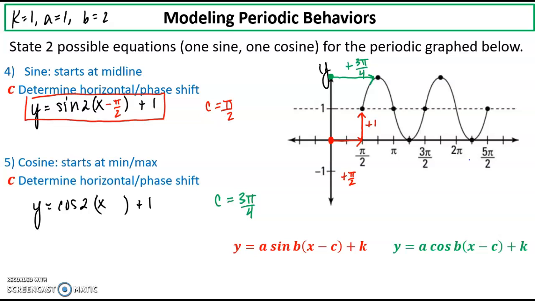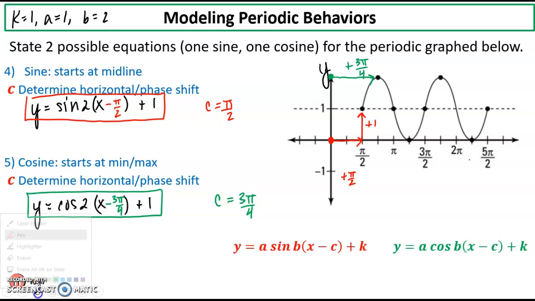If I move to the right 3 pi over 4, then I represent that with a minus 3 pi over 4. K, A, and B are the same no matter what. It's the phase shift, the horizontal shift, that's going to be different.